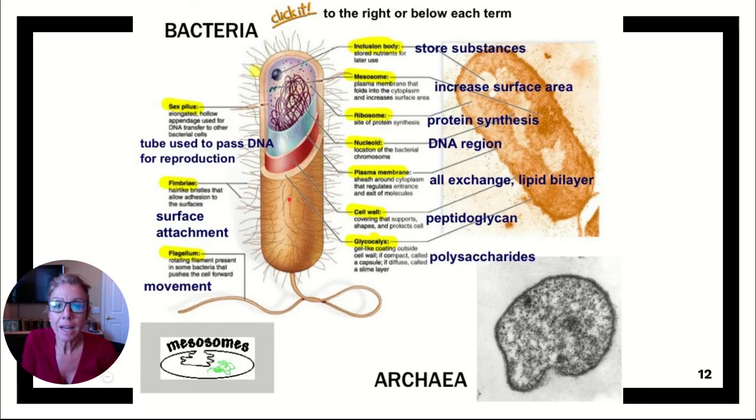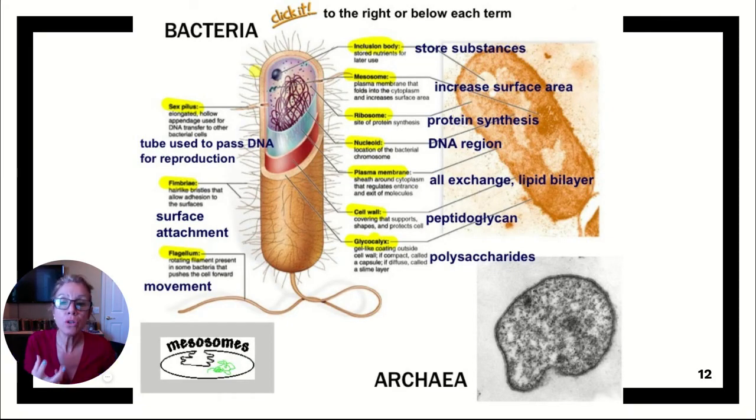Like I said before, the fluid portion, usually outside of the nucleoid region where the DNA is, the fluid of the interior of the cell, is called cytosol. So cytosol contains water, inorganic and organic molecules, and enzymes.